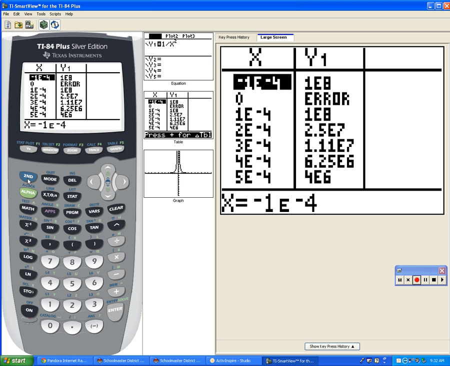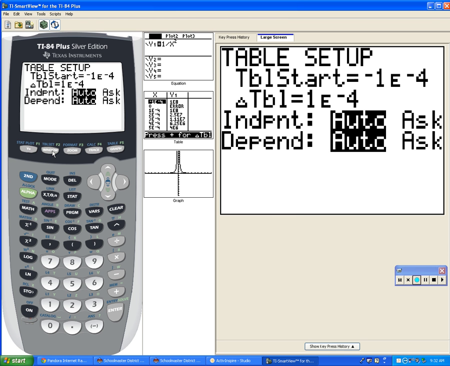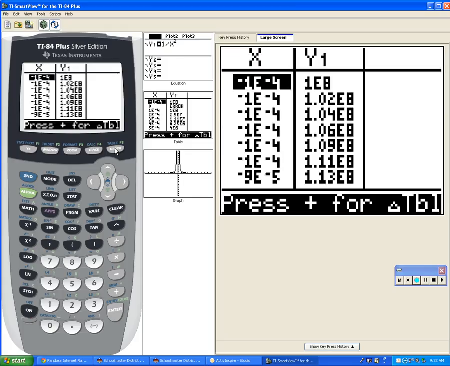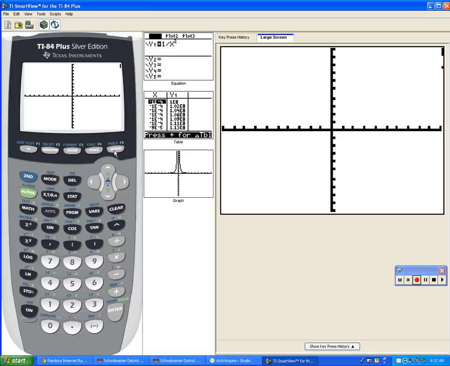So we could change this to go by 0.000. Is that enough for you? And then if we look at the table now, it's even bigger. Okay, we can throw more zeros on the end there. And if you look at the graph, you can see why. As we approach 0, the graph is going up forever this way.